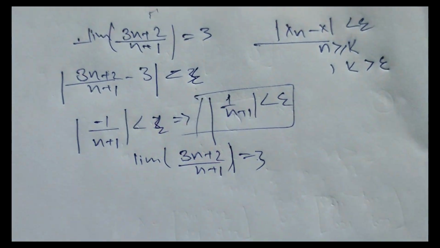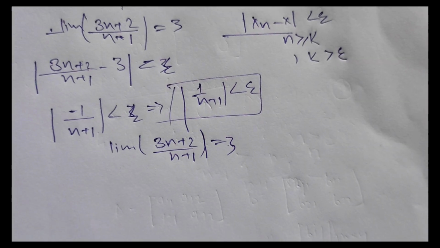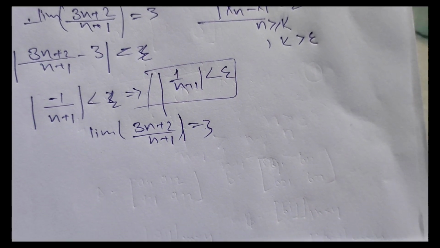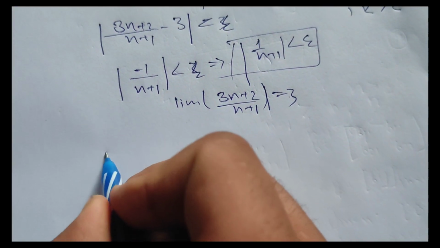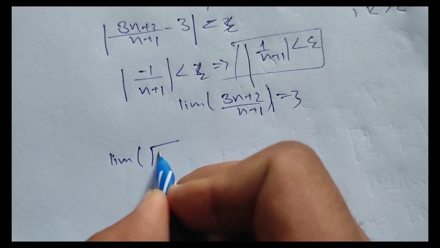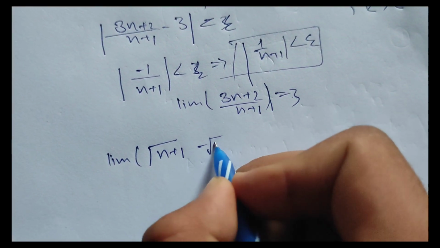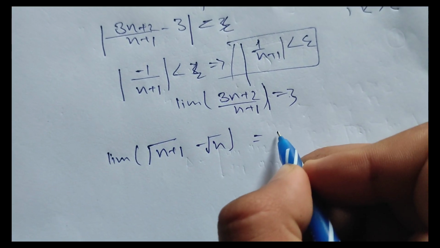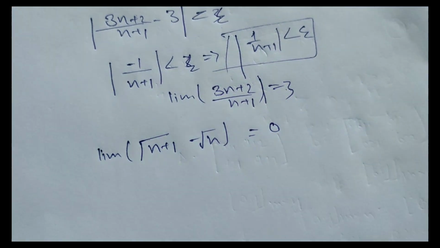That was true. Okay, now the second question is a great question. So the question is, we prove that the limit of root(n+1) minus root n is 0.